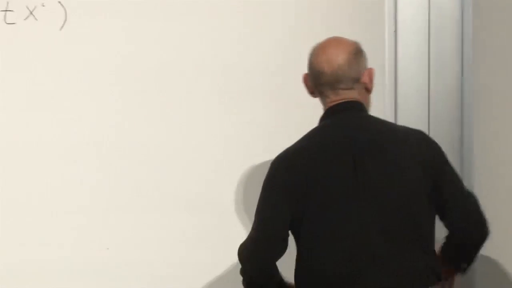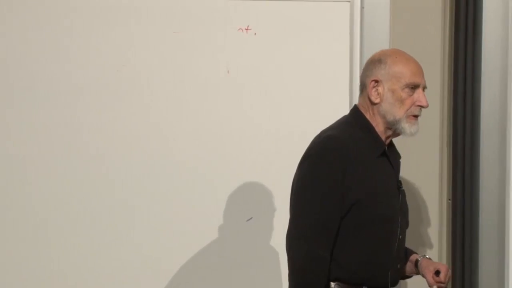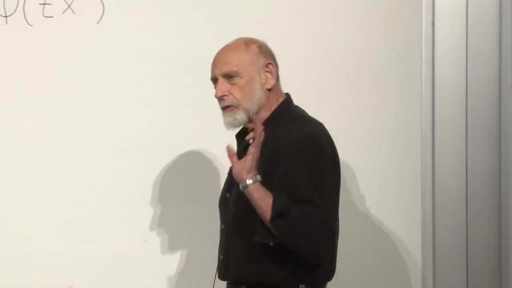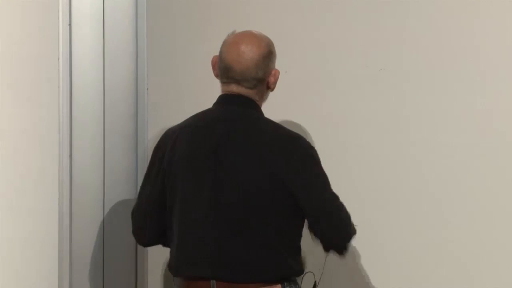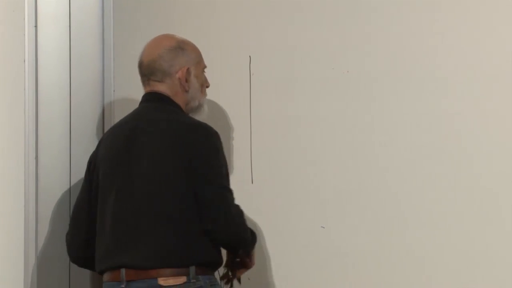Now, let me come over to this blackboard over here, and in parallel, think about something else. I want to think about the motion of particles in non-relativistic physics. Not the relativistic motion of particles. Here's how we think of them. We draw a time axis.